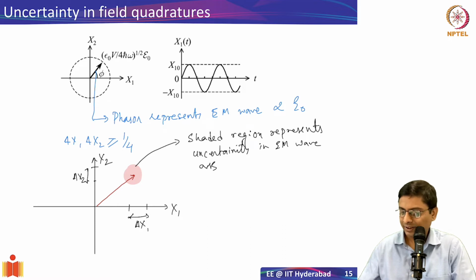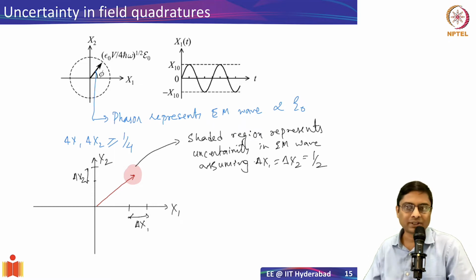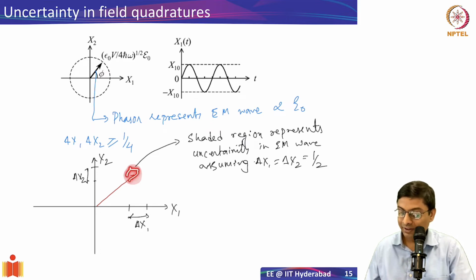I drew it like a circle, so basically assuming delta x1 equal to delta x2. Let's assume that they're equal and they're both equal to half. With such a scenario, you will see that the vector now can be anywhere in this region. The vector need not be this, it could be this as well, or this as well. You can have multiple vectors representing the wave. And from very fundamental principles, we argued that there will be this uncertainty.